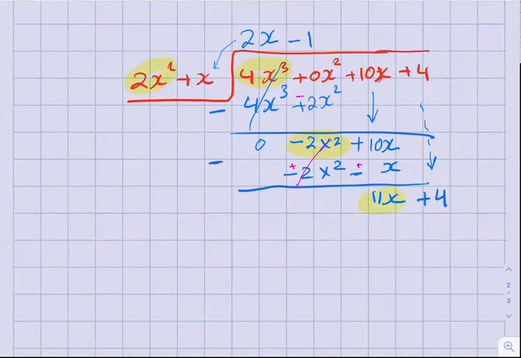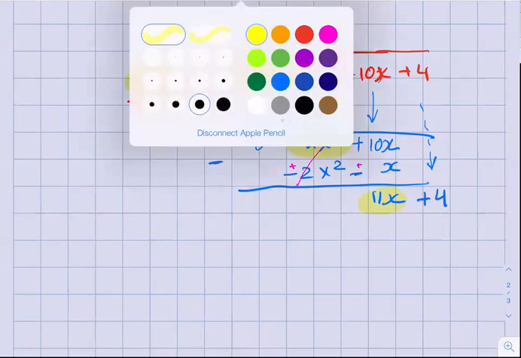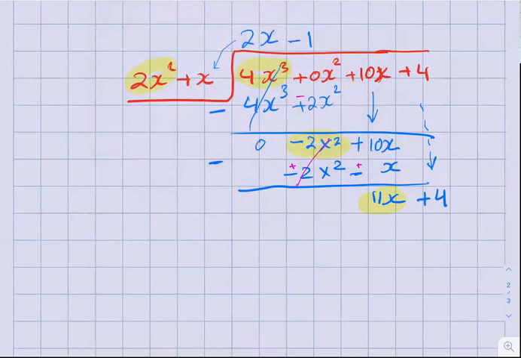11x divided by 2x, well, we can't, because 11x is a lower power, it's not x squared, so we can't divide by 2x squared. So basically, now it's going to become pink here. This is the remainder. I can't carry on because the power of x here is less than the one we are dividing by.